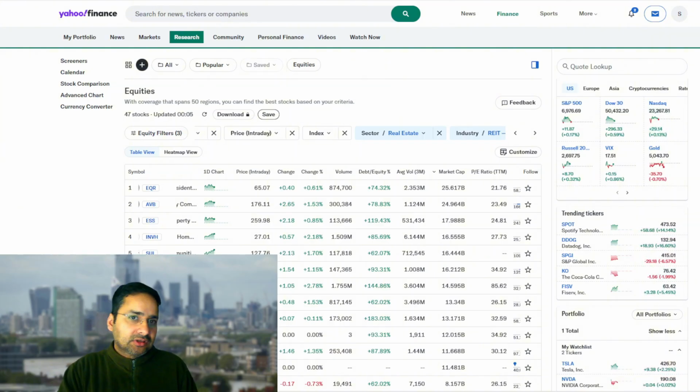So if you're running a startup, try to keep your debt to equity ratio less than 2, because otherwise it will signal risk to investors and lenders, potentially blocking future funding completely.